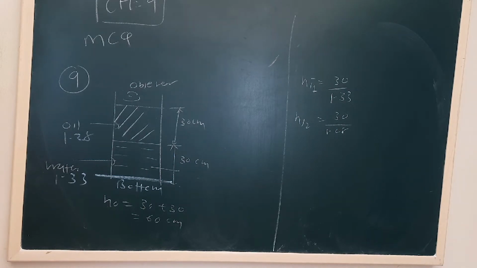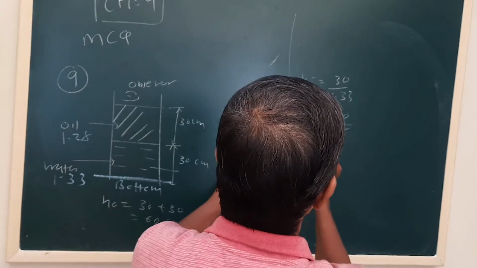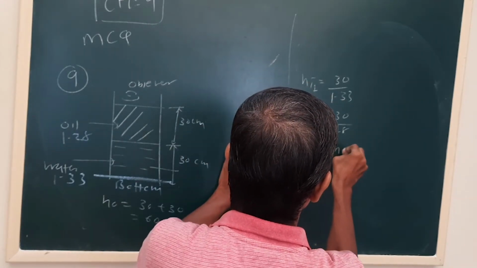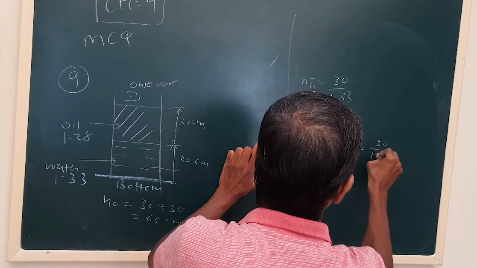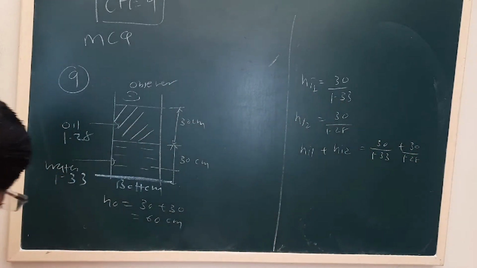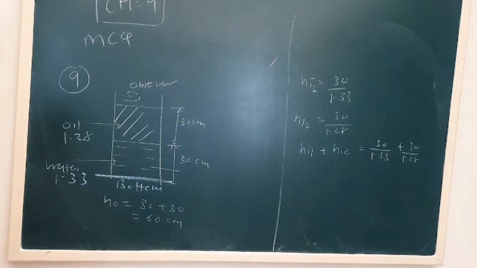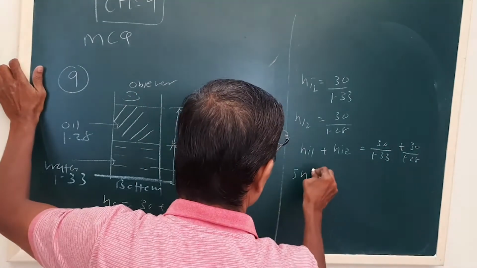Now this turns out to be HI1 plus HI2, that we should solve. Now see, we have to subtract this HI from HO, so the shift we have to calculate.